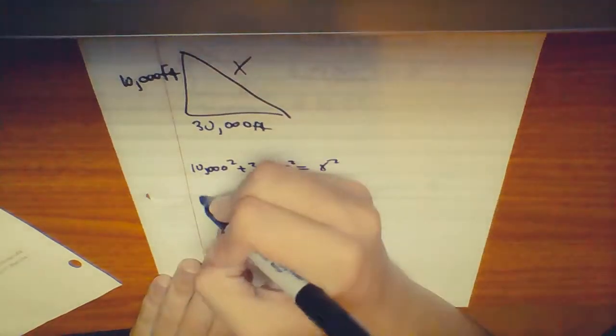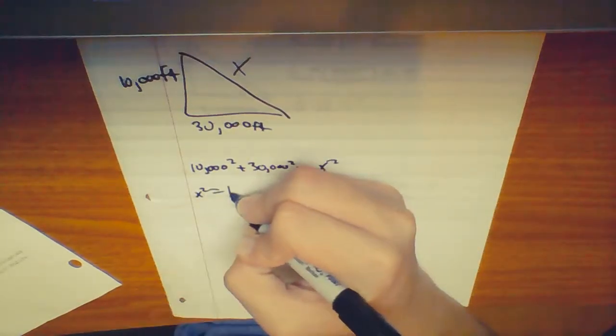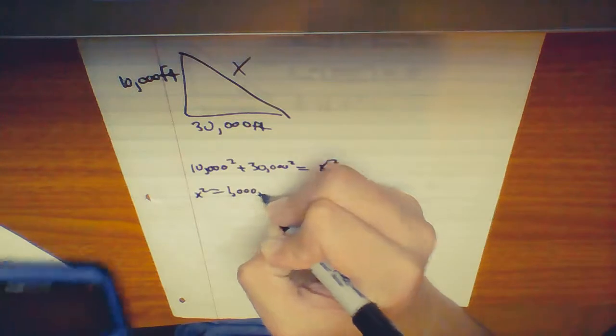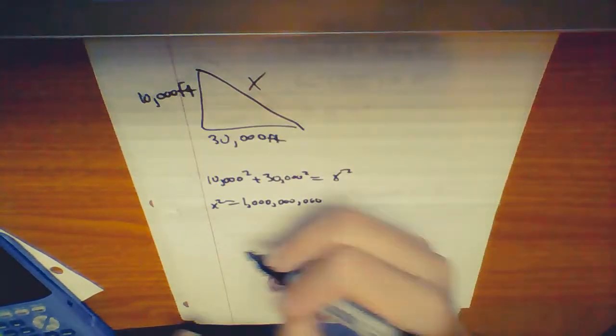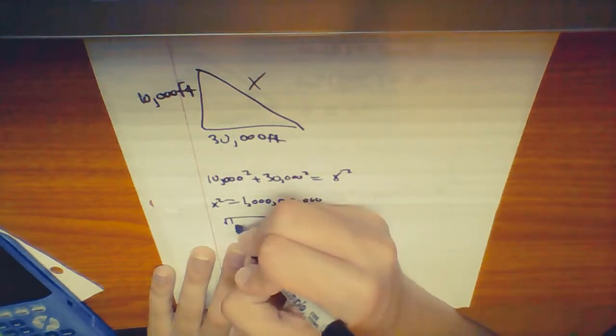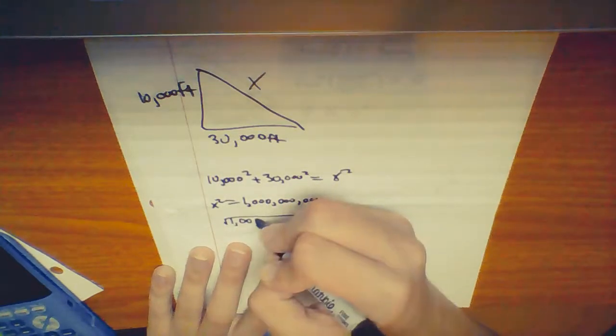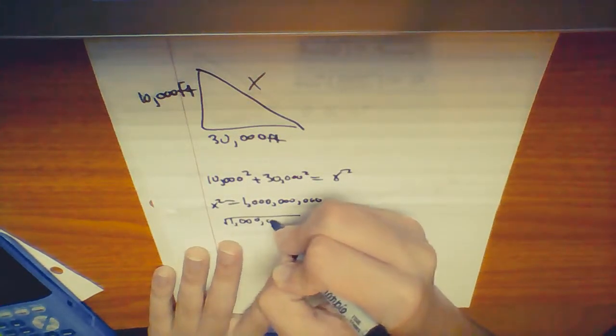Now, x squared equals 1 billion. And so what we have to do is find the square root of 1 billion to get our x.